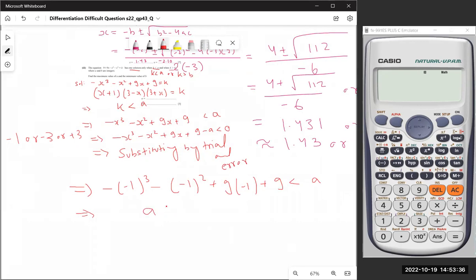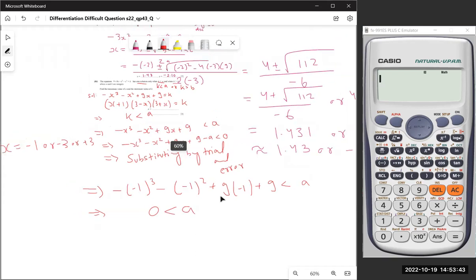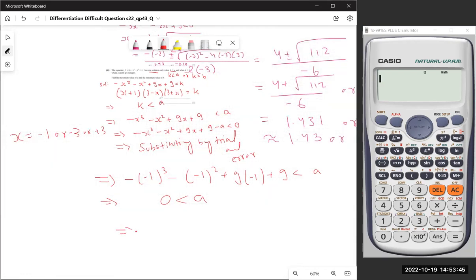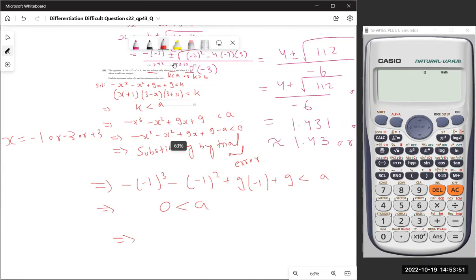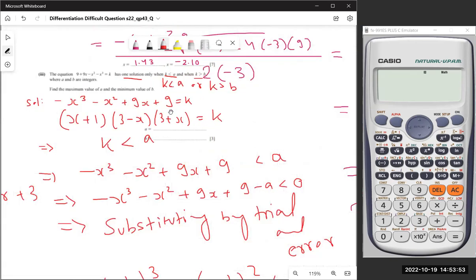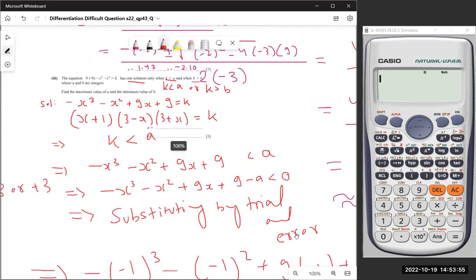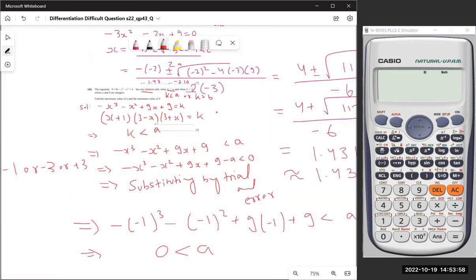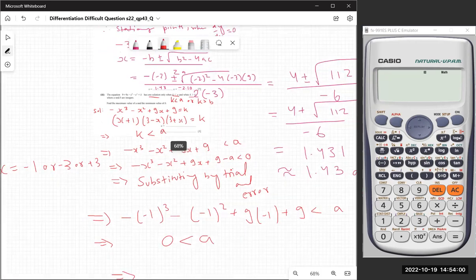Yes, A is greater than 0. Fine. Do one thing, I'm going to get back to you on this, because I want to do a few things which will confuse you right now, and it will actually waste your time. I think I'm missing something as well.